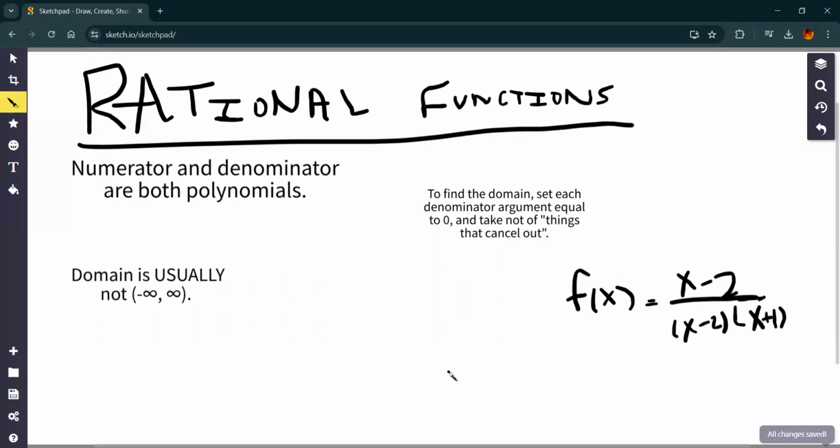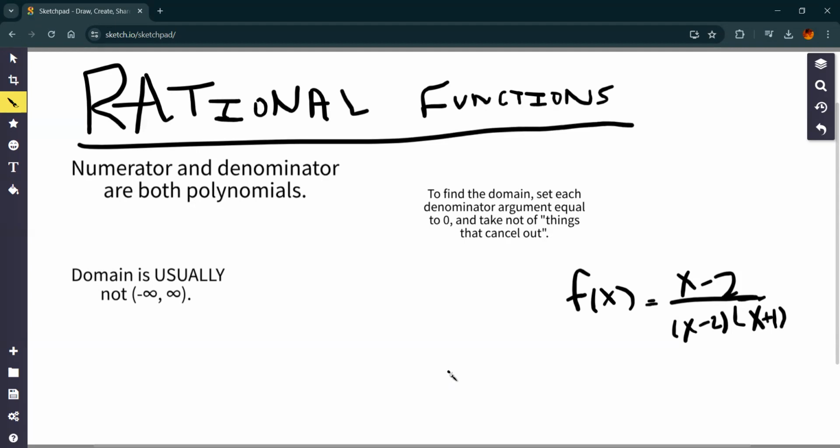The domain of these are usually, not always, but usually not all real numbers. Now, that's a mistake that I probably made in the pre-calculus videos, saying that it is not all real numbers, because there are a few rare examples where it could be.